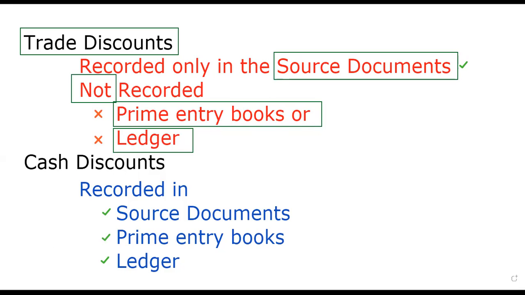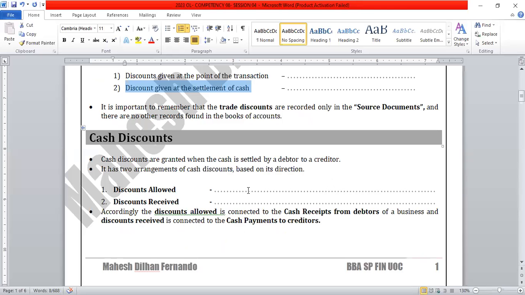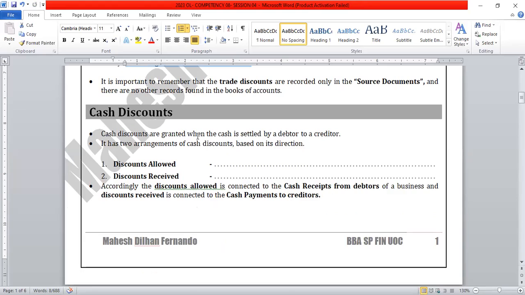I'm taking you to the tutorial again. Now I told you that trade discounts are not recorded in accounting, so we have no use of discussing trade discounts further. But I'm concentrating on cash discounts. I told you cash discount is a discount which is given by a person to settle a credit transaction.